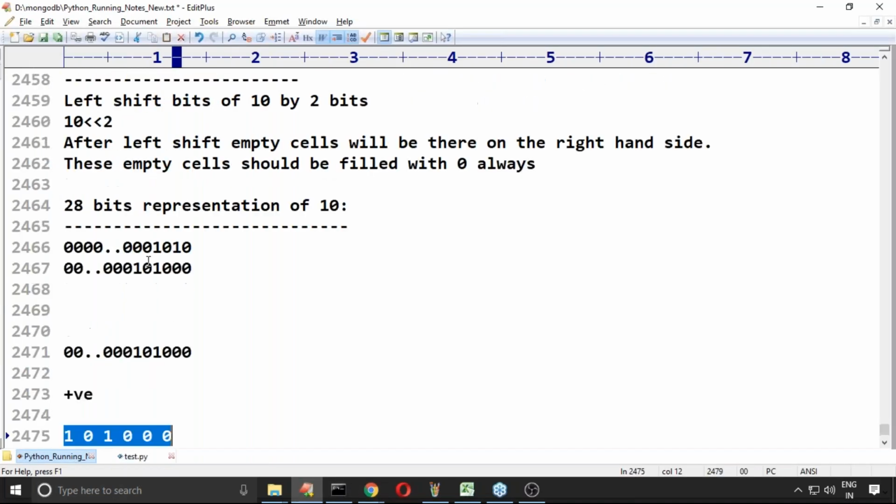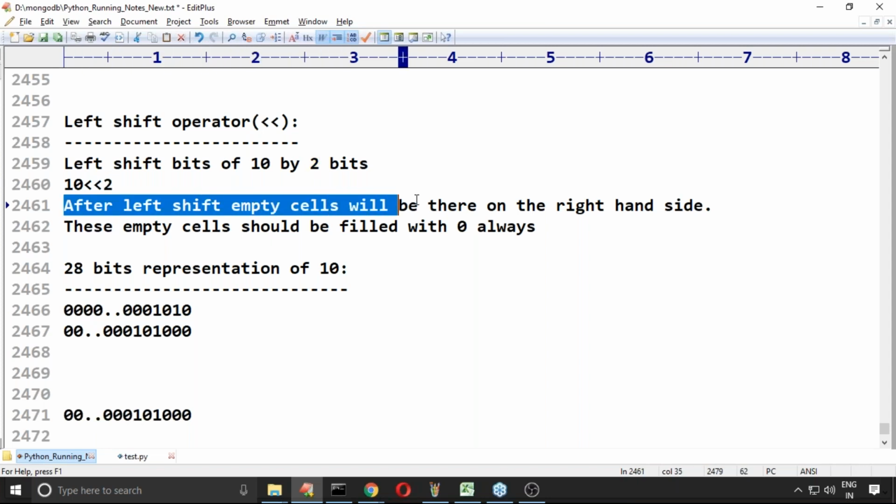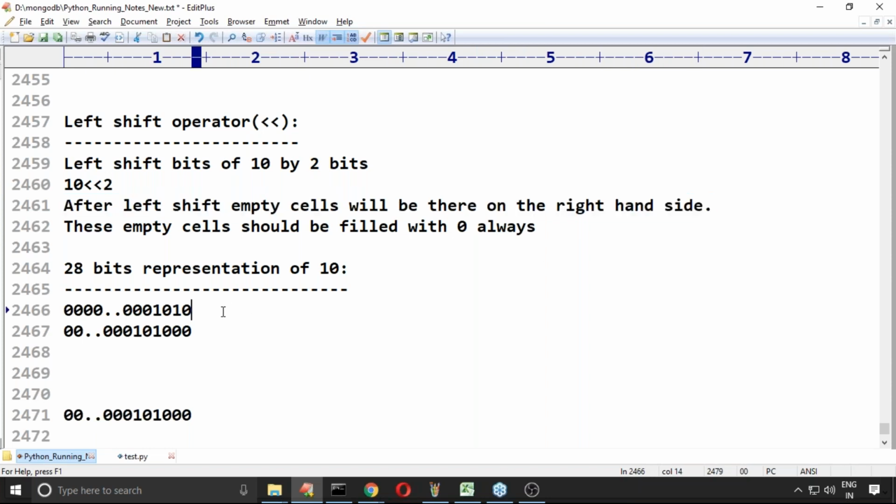Just observe how to shift. First you have to represent 10. This is the 10 representation. I have to move two bits left. So after left shift, empty cells will be there on the right hand side. Because 2 bits moved to the left, now empty cells are there.